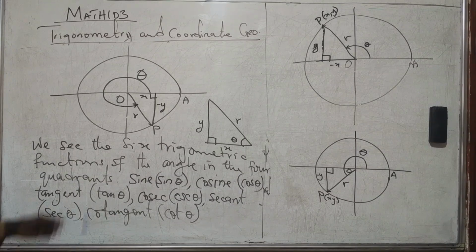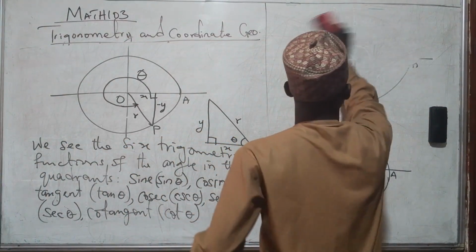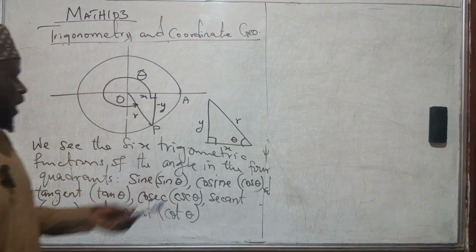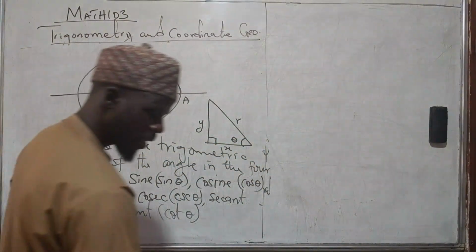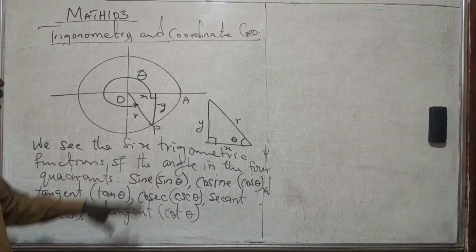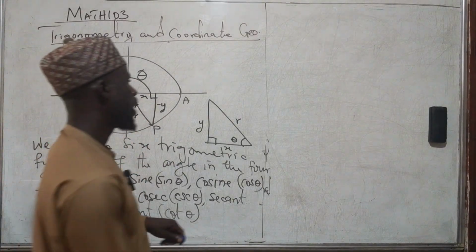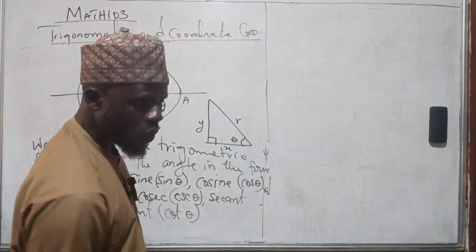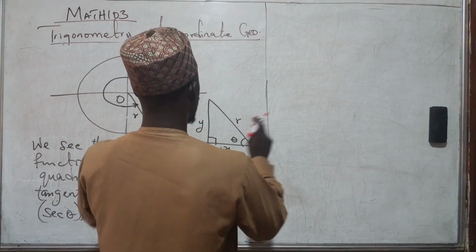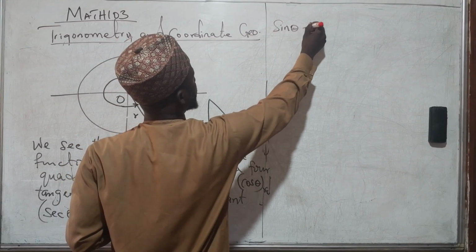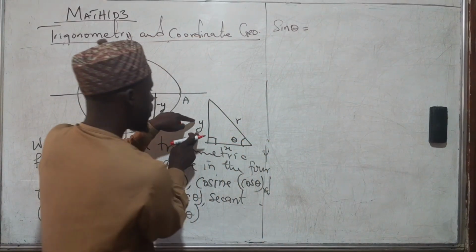So from the diagrams, one can quickly see that this diagram of a right-angled triangle is representing all the triangles in the four quadrants. And so by this, we have sin theta is equal to the opposite side.